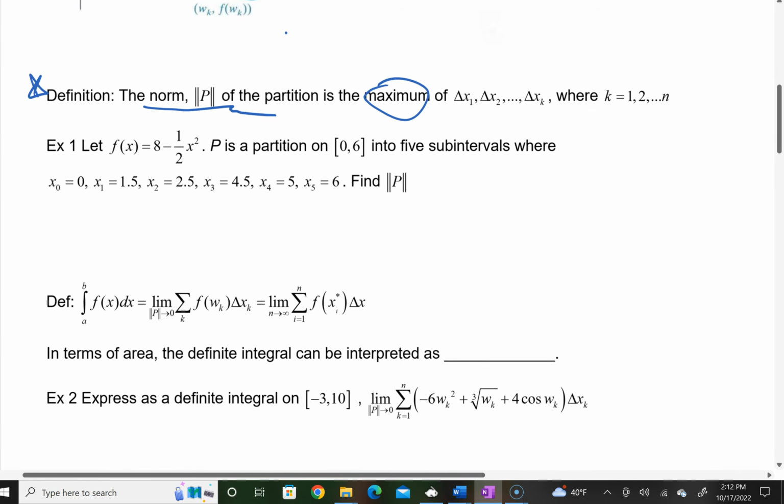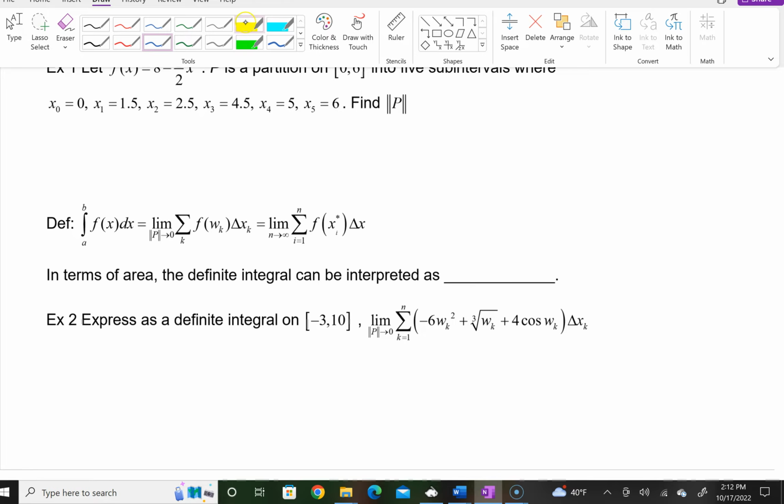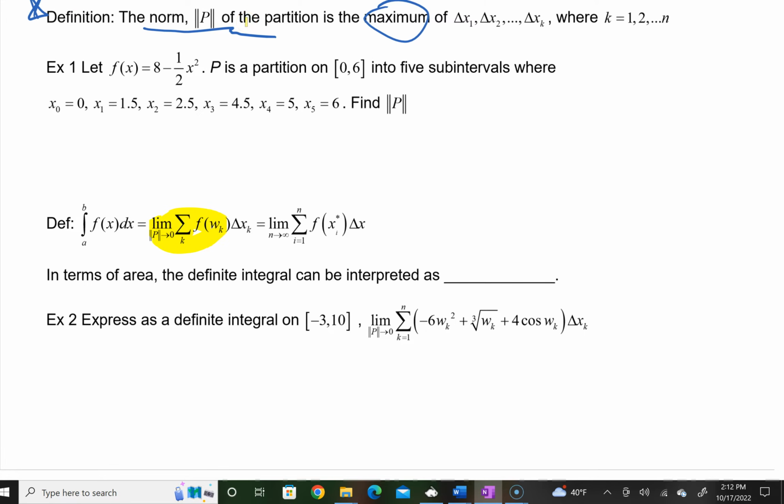And if you found that, you could say, okay, this is the biggest base of a rectangle we could ever have. Well, look, if we really wanted to get the real area, or as we're going to hear in a moment, net area, we'd want to have so many rectangles. We wouldn't be able to just have 5 rectangles or 2 or anything like that. We'd want a lot. So much that the biggest base of the rectangle would be approaching 0.